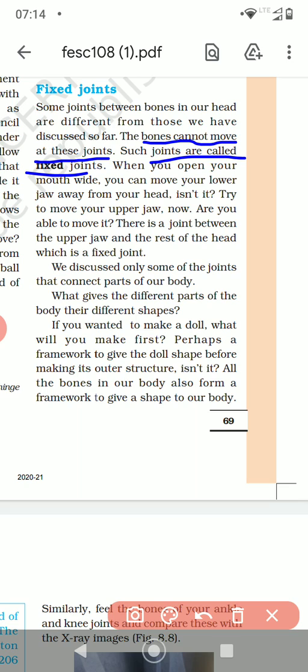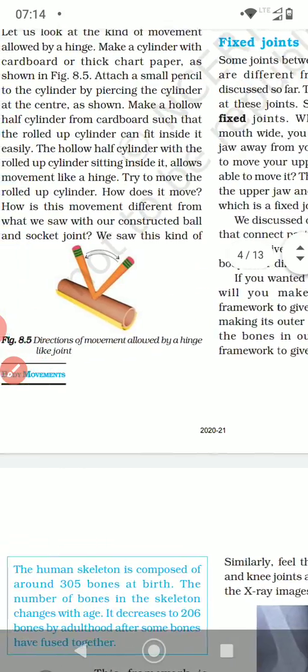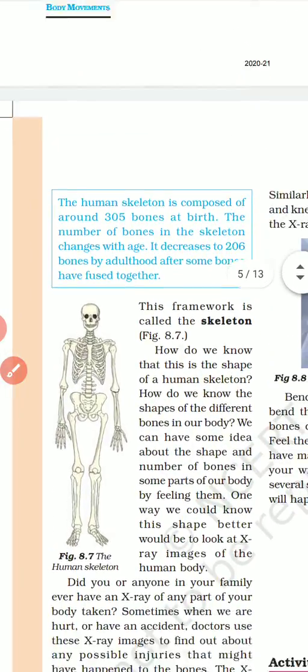Isn't it? All the bones in our body also form a framework to give shape to our body. Please underline. What is the function of a bone? We will write: all the bones in our body also form a framework which gives shape to our body. Right?